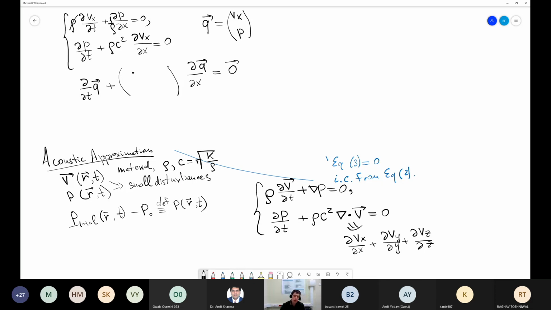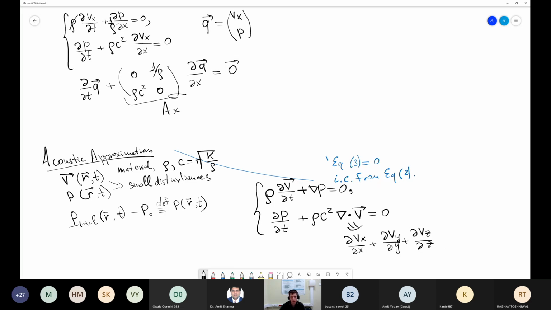Let's calculate the 4 elements of this matrix. This matrix we will denote Ax. Something multiplied by dvx over dx, 0. Something multiplied by dp over dx, 1 divided by rho. And here, something multiplied by dvx over dx, rho c squared, and 0.